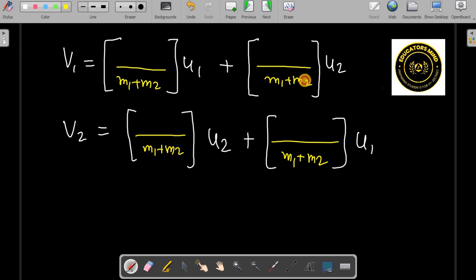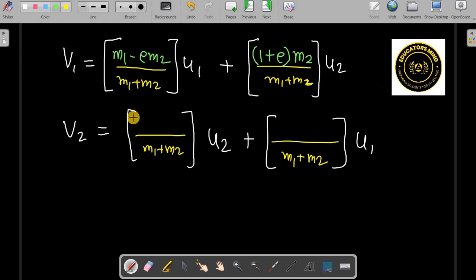Then how to write the numerator? In the numerator here you will write m1 minus E times m2, and here you will write 1 plus E times m2. Note that this m2 and u2 in the second term go together.